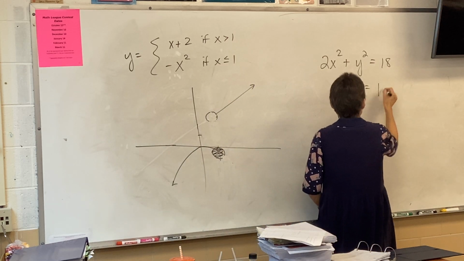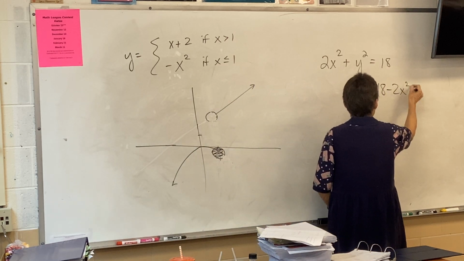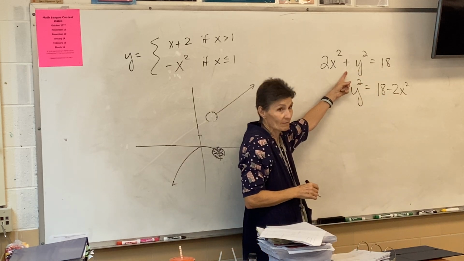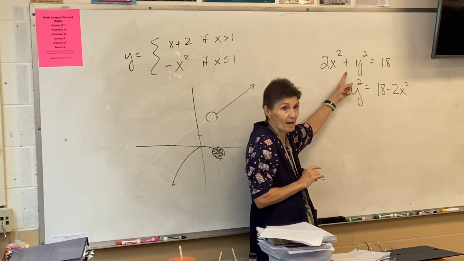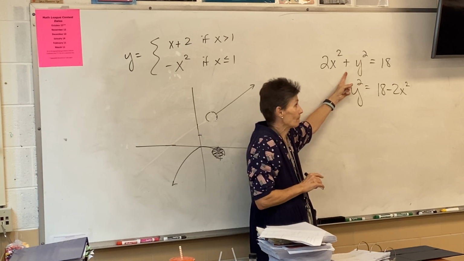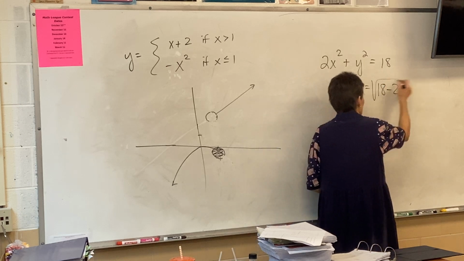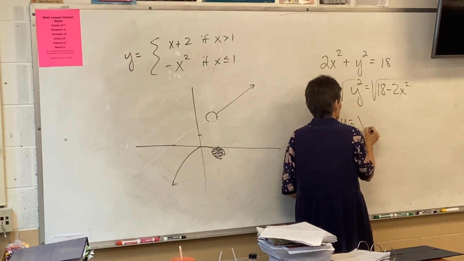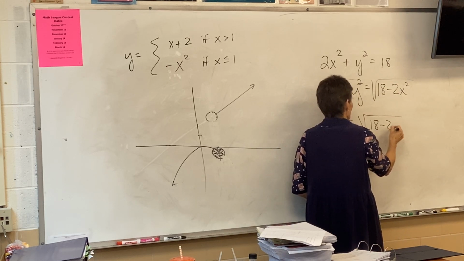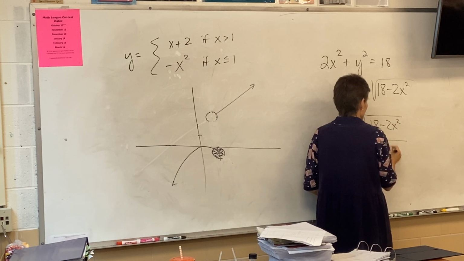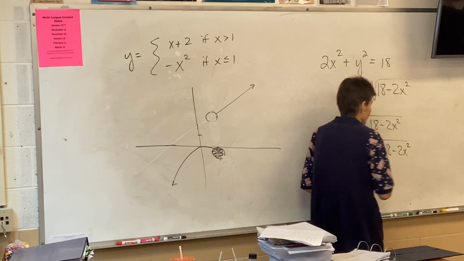And this one is easier because there's no negative to worry about. But if that had been a minus right there, you have to then in your next step get rid of that, right? We're ready to go. We're going to square root both sides. So y equals the square root of 18 minus 2x squared and the negative square root of 18 minus 2x squared.